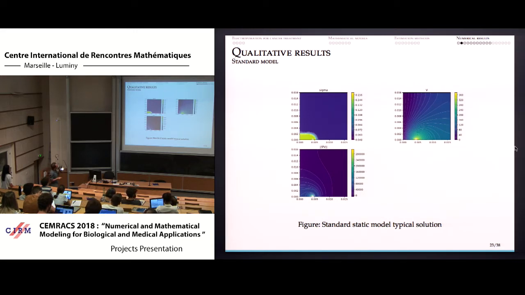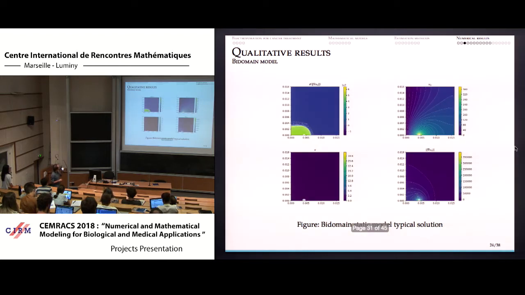So this is the static standard problem. The simplest, but also maybe the most complicated to solve numerically because of the non-linearity. This is what the B domain looks like.